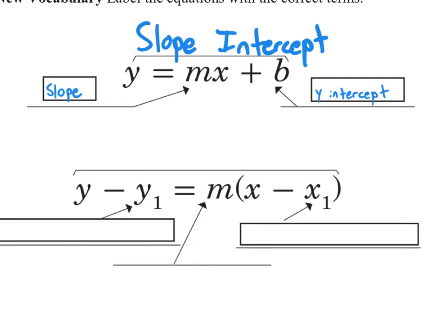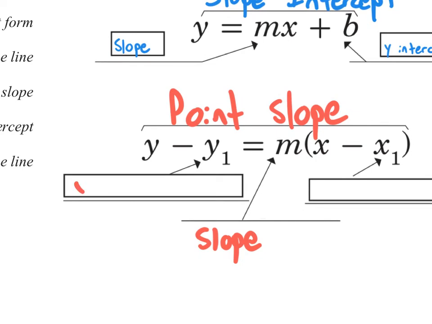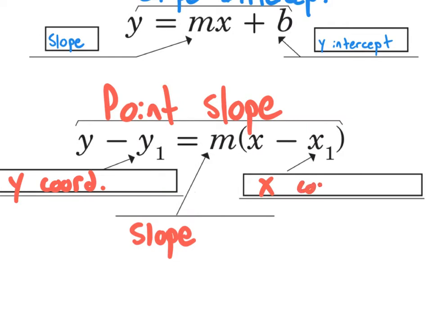Now, there's another type of equation too called point slope. What's useful about it is that it still talks about slope, but you do not need to know the y-intercept. You just need a y-coordinate and you need an x-coordinate from the same point.